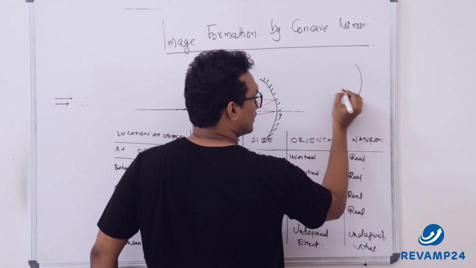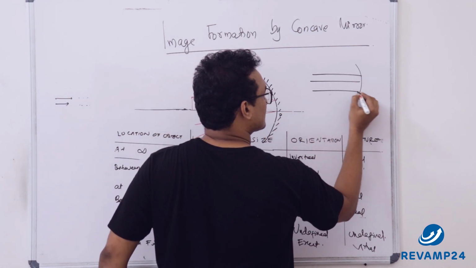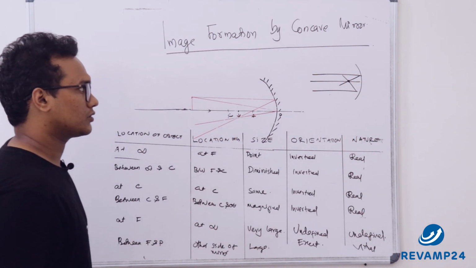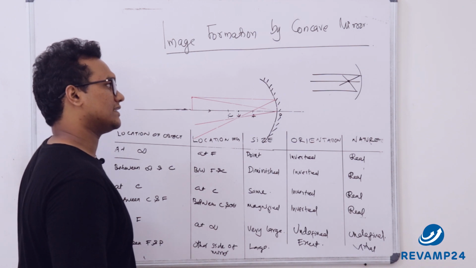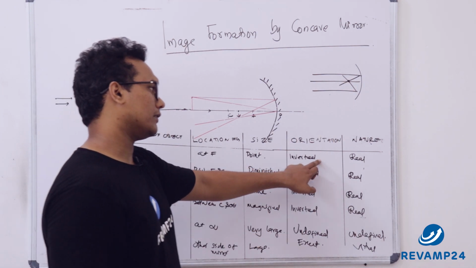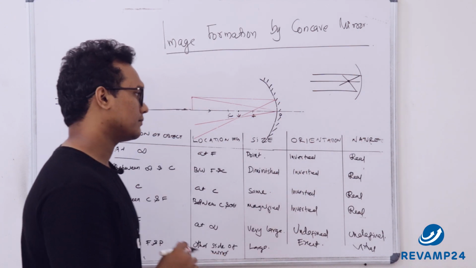This we already have learned, that 2 parallel lines after reflection would go through the focal point, creating an image here. So the image here is a point image.